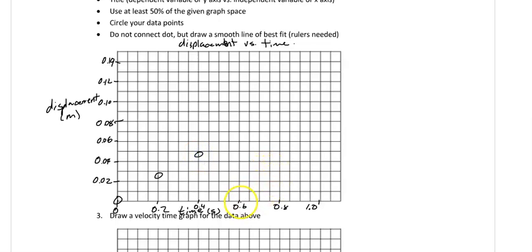Next one is at 0.6 and 0.72, so somewhere around here. We got 0.8 and 0.0967, so somewhere around here. And lastly, we're at 1 and 1.20, which should be somewhere around here.